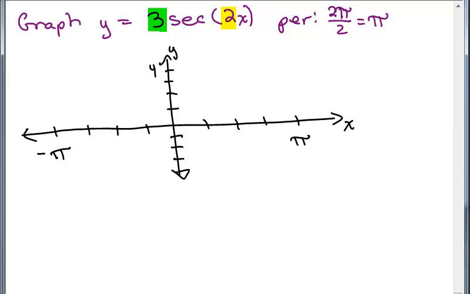Okay, so first let's graph y equals 3 cosine of 2x, but we have to use dotted lines.